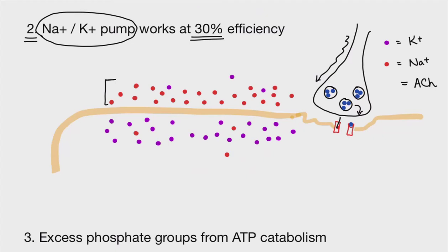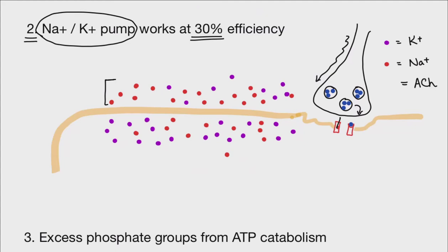But we keep getting action potentials. So sodium keeps coming in, potassium keeps coming out, sodium keeps coming in, potassium keeps coming out. And so over time, the gradients are not nearly as strong.